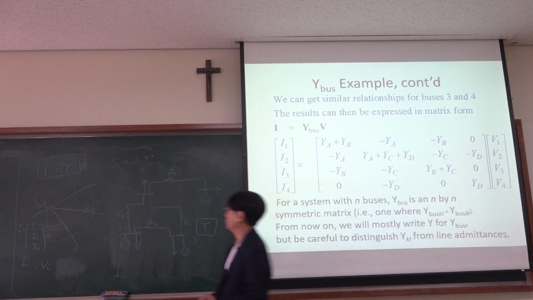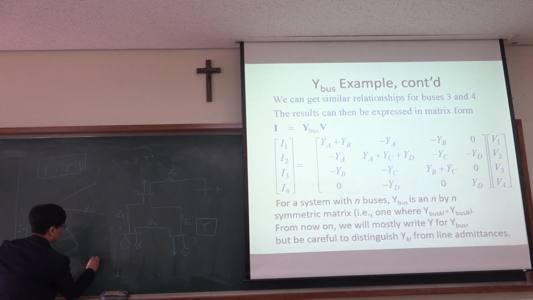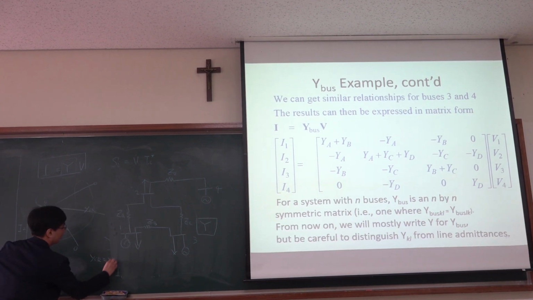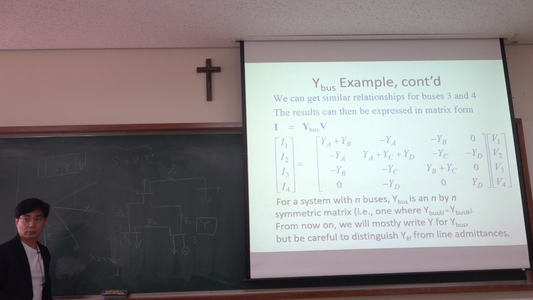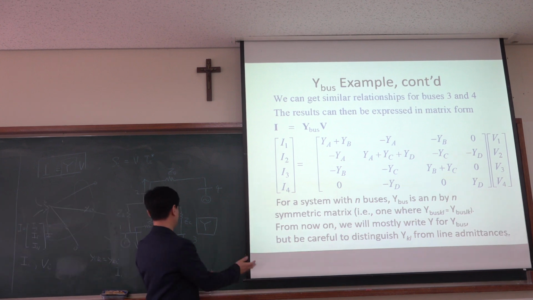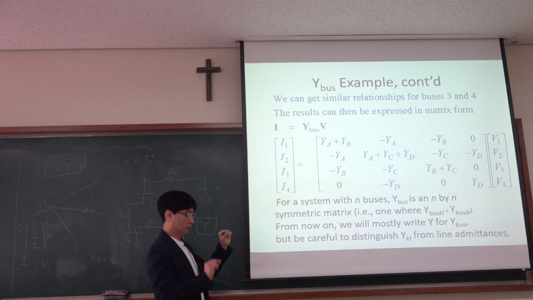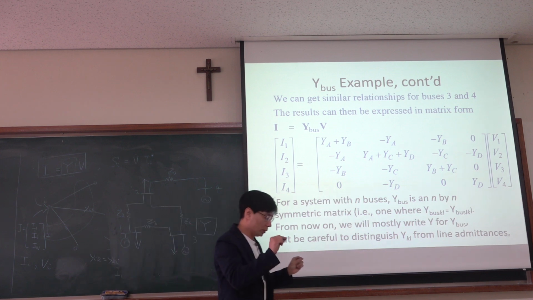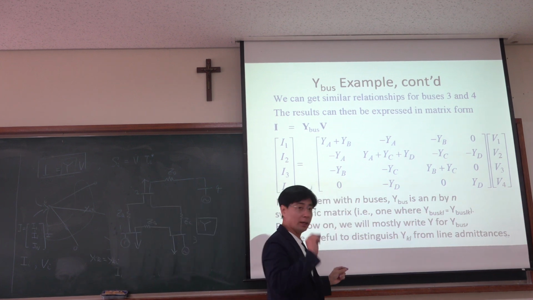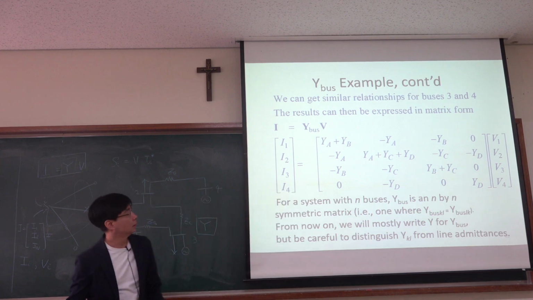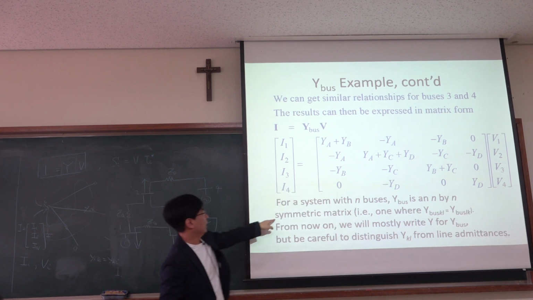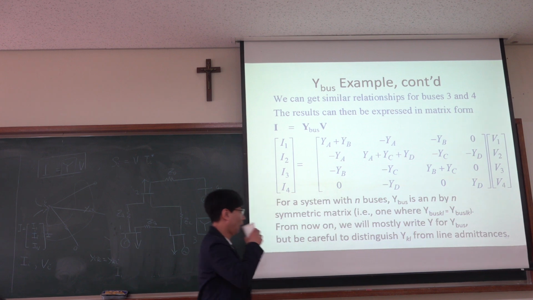That's obvious because YIK equals YKI, right? So that means the element of capital Y, IK, should be equal to the capital Y, KI, okay? The symmetric matrix.